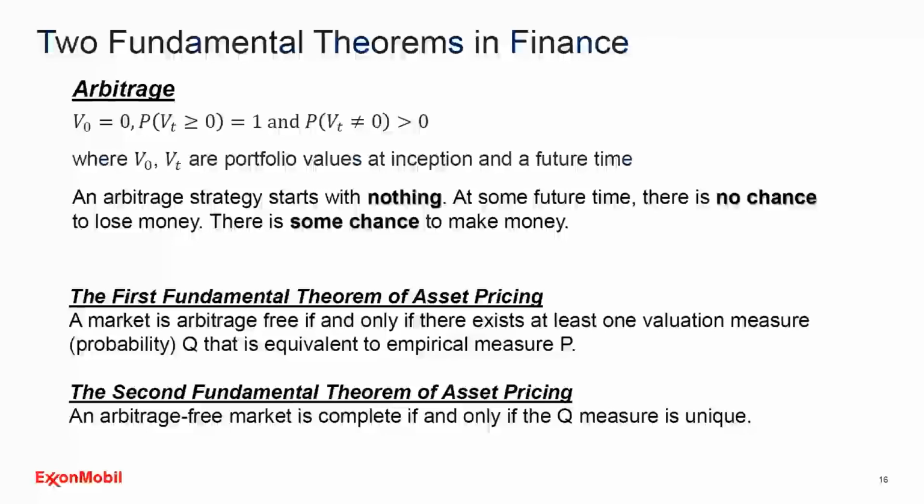If the Q measure is unique, that means your solution is unique, meaning no matter whether you are talking with Goldman Sachs or JP Morgan, they are going to quote you the same price. And no matter whether you are talking with Allstate or AIG, you are going to get the same insurance policy.